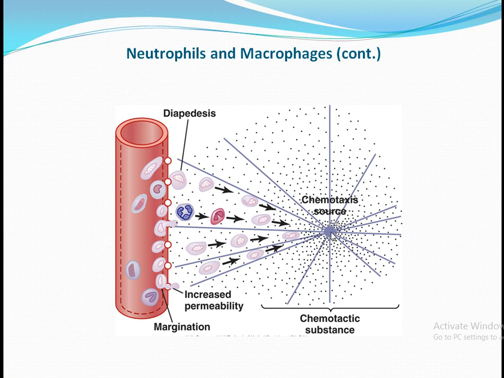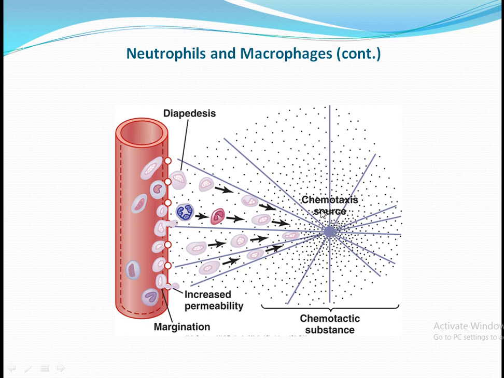At the infective site, special kinds of chemotactic substances are released by the infective agent. Just like a magnet, this is the magnetic field, and the effect of the magnet is spread.